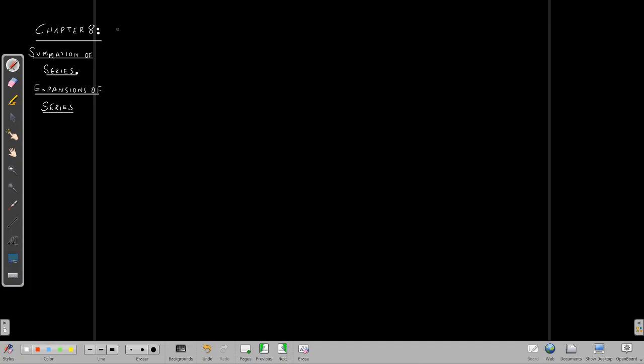So first we start with the question: sum to n terms and to infinity the series 1 plus c cos α plus c square cos 2α plus c cube cos 3α plus etc.